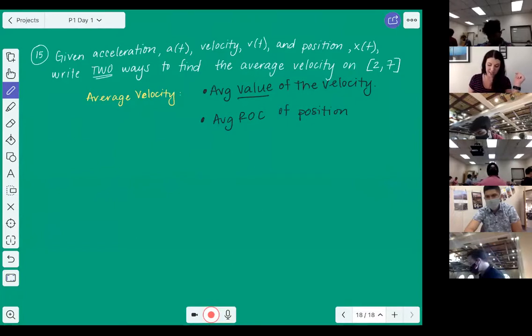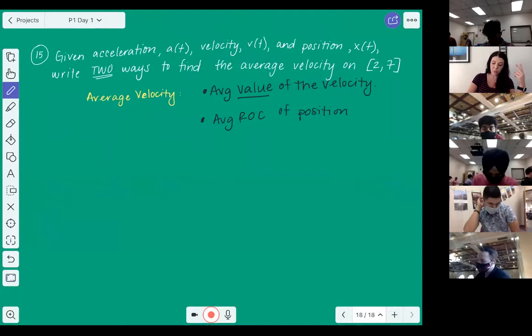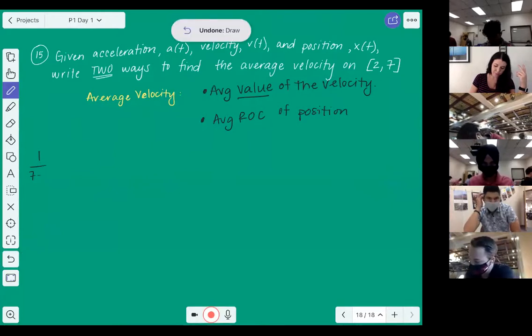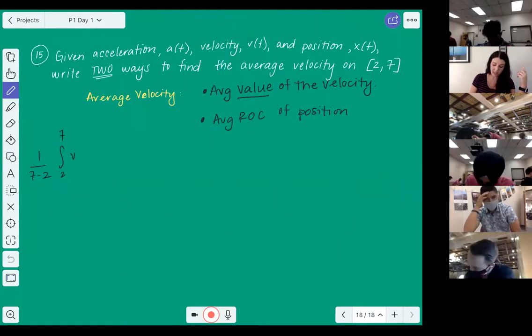So let me show you how to set this up. 2 ways we can find our average velocity. Our average value of the velocity, which means we're using this interval from 2 to 7. So 1 over 7 minus 2, oops, that just looks like 72, integral from 2 to 7 of v of t dt.